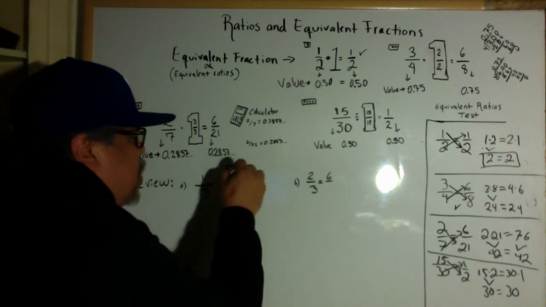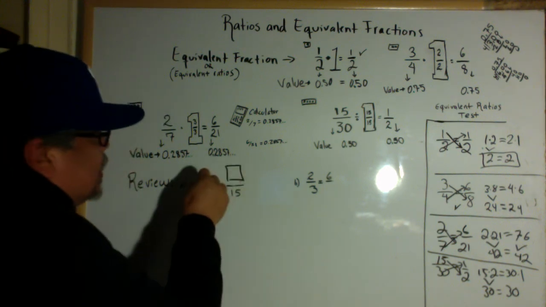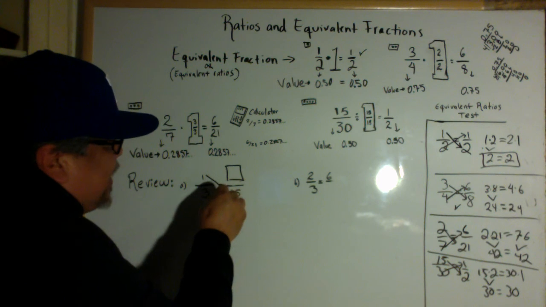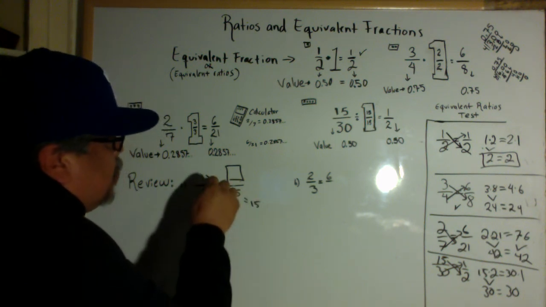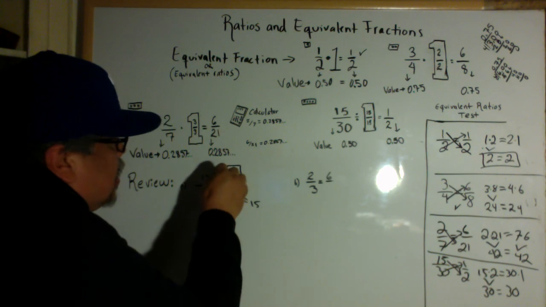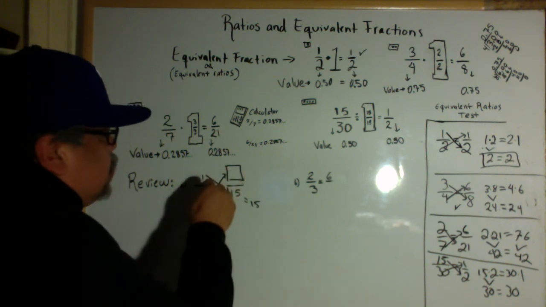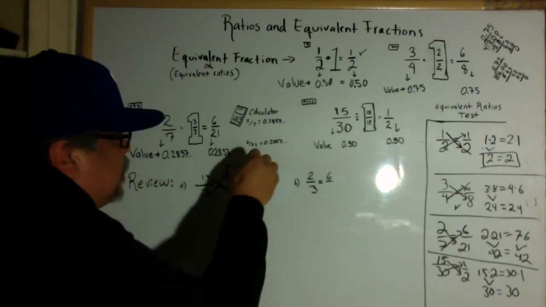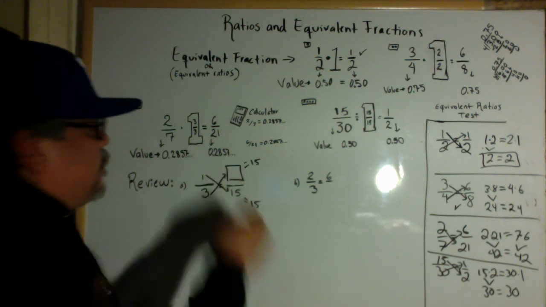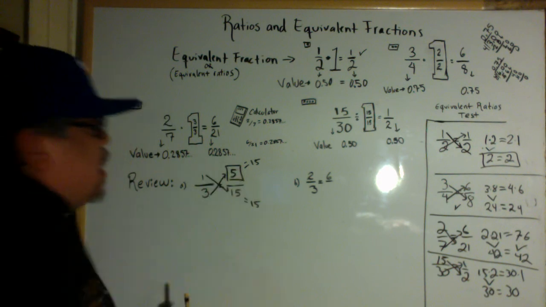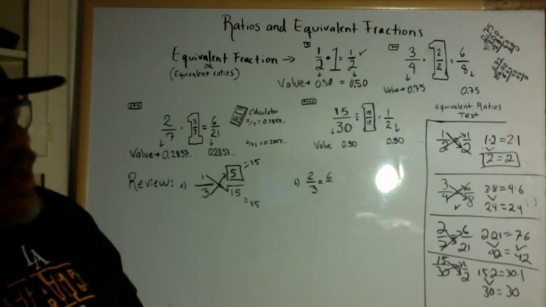But knowing that property, when I multiply like this, 1 times 15 equals 15, and I'm multiplying 3 times something equals 15. There's only one number that goes here. That will be number 5. So this is number 5. I was missing number 5.